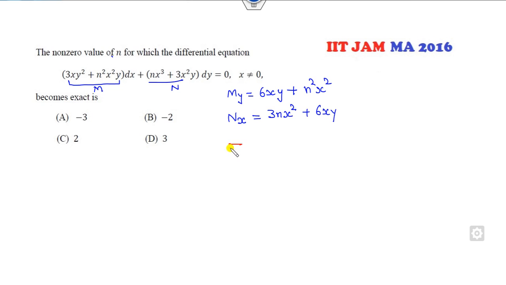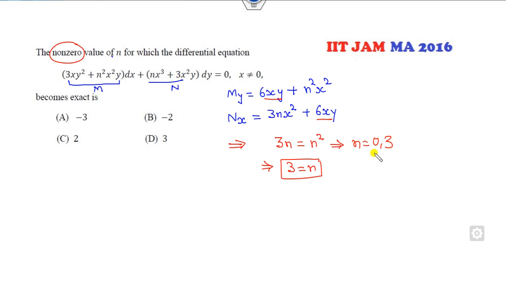So what is the meaning of that? When they are equal, it means 3n is equal to n square. That means for the non-zero value, n will be 3, because from here you get n is 0 and 3, but 0 will not be possible, so 3 is the right answer of this problem.